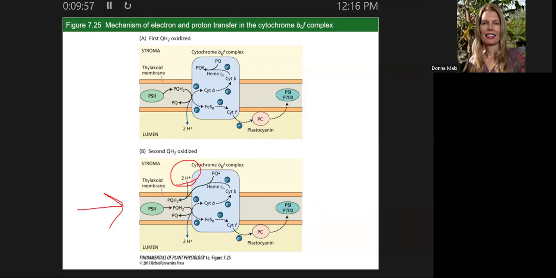The other thing that you notice going on with the Q cycle is that when the PQH2 is donating off electrons, it's also going to dump its protons. And as that's happening, it's in a very specific location. It's in the lumen. And so now you start to see there's a disappearance of free protons from the stroma, and a buildup of protons in the lumen. So you get this proton gradient across the thylakoid membrane.